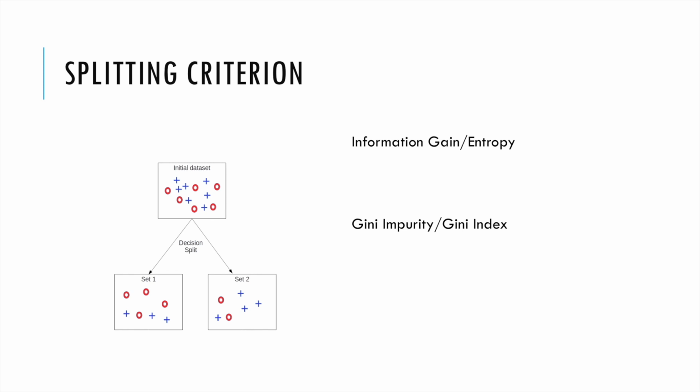When we split into subsets, the data may still be mixed, but we will not stop until it is 100% pure. Usually we can accept some noise. Such a decision tree can be adapted to more general situations. We use two criteria. One is information gain, which uses entropy. The other is Gini impurity, which uses the Gini index.